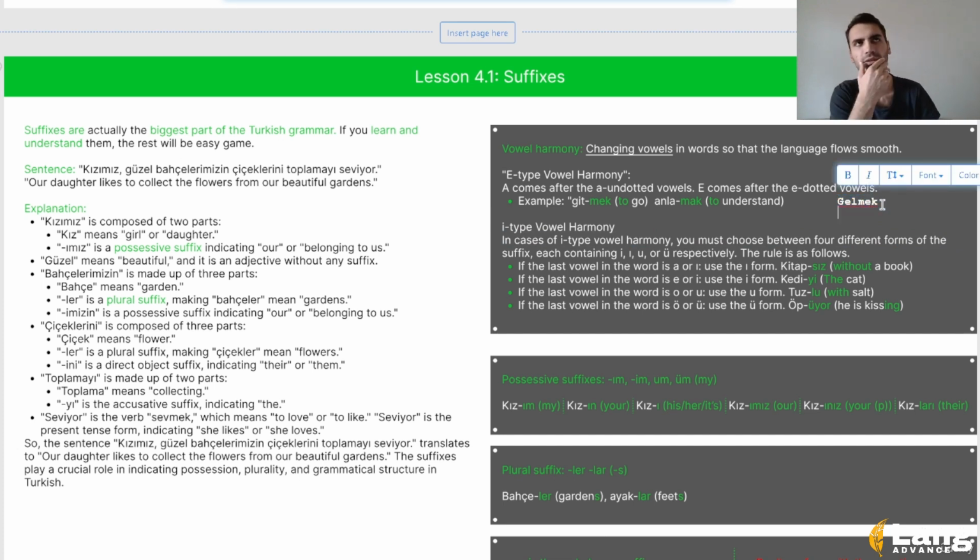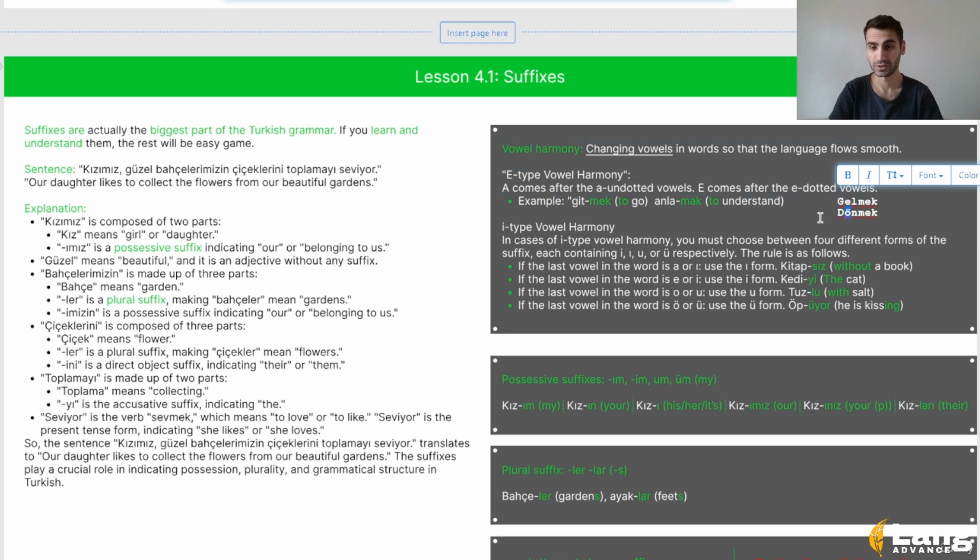What else can it be? Gitmek. Yes, gitmek. Gelmek, gitmek. Dönmek. Dotted, so therefore E. And, you know, it depends on the root, the last vowel of the root.